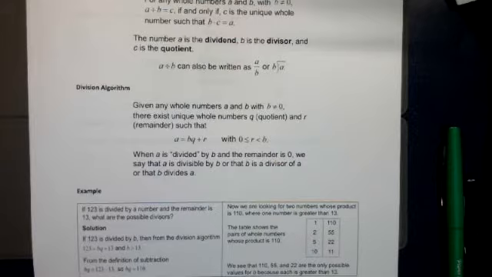When A is divided by B and the remainder is 0, we can say that A is divisible by B, or that B is a divisor of A, or that B divides A.